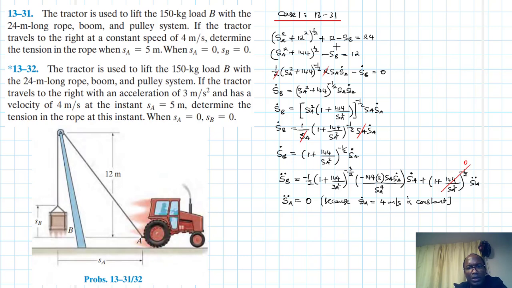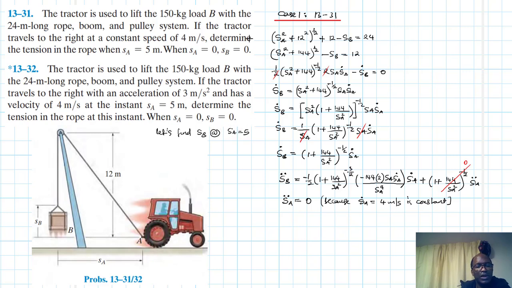Here is the equation. We need SB. We are going to need SB when SA is equal to 5. So let's find SB at SA equal to 5.